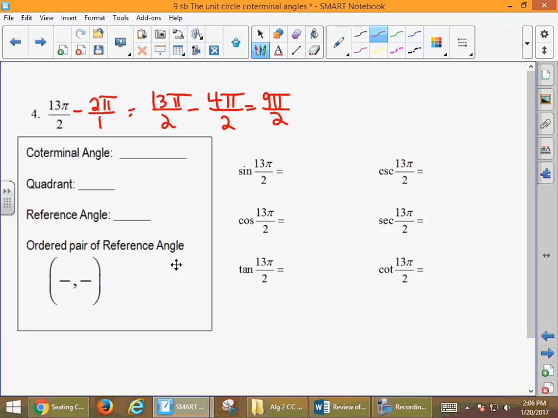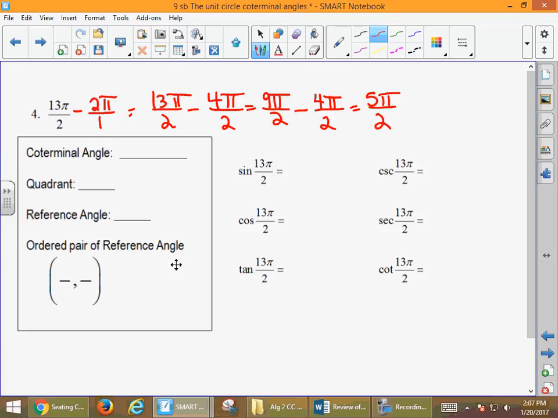Is that on the unit circle? No. So we subtract again. But the good news is we already found the common denominator, so we're going to subtract 2 pi, which is also known as 4 pi over 2. Well, 9 pi over 2 minus 4 pi over 2 is 5 pi over 2.